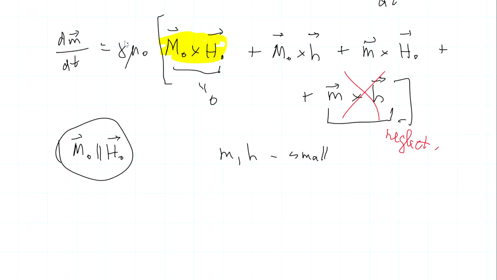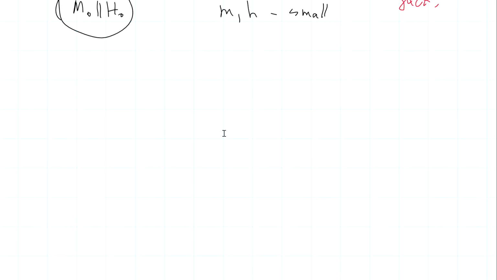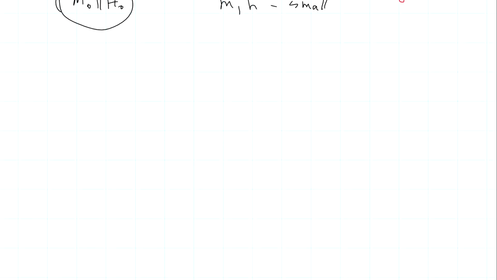So that you can see that this equation turns into this term that's important and this term that's important in the equation. Now what we will do is we will consider a static equilibrium. So static equilibrium.